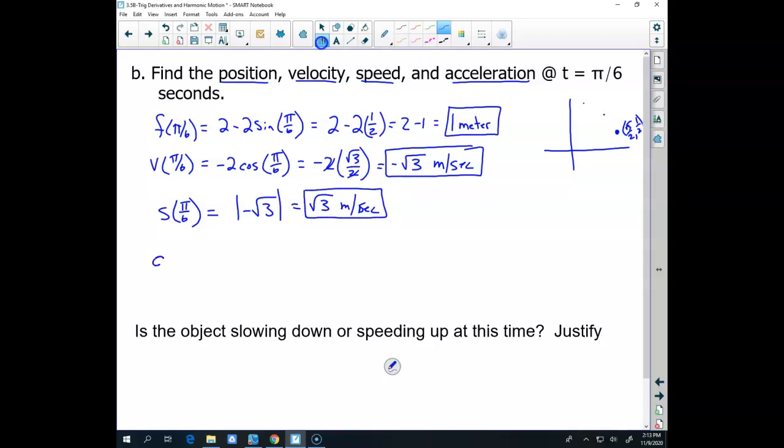So what's my acceleration? A of pi over 6. Well, that's coming out to 2 sine t, where t is pi over 6. Okay? And then that's 2, because the sine of pi over 6 is a half, which gives me 1. And remember, it's acceleration, so that would be meters per second squared.